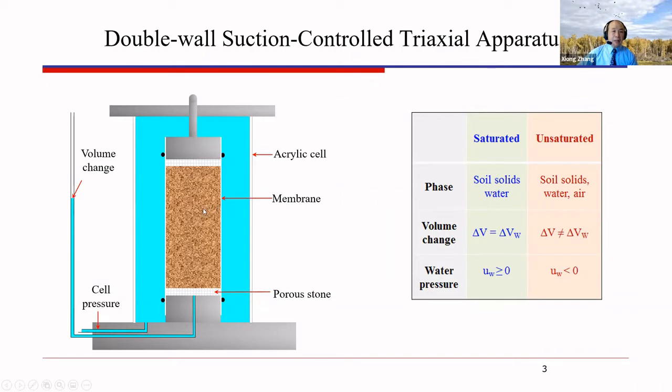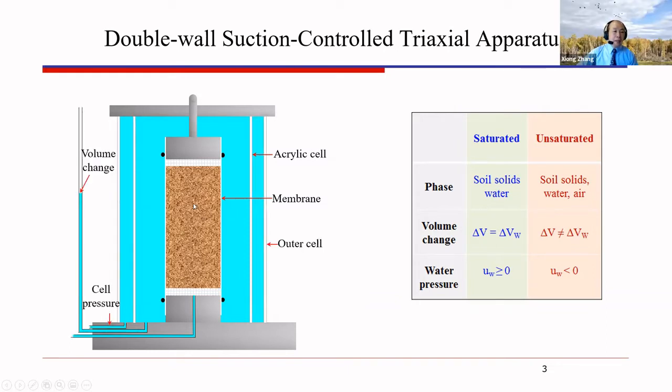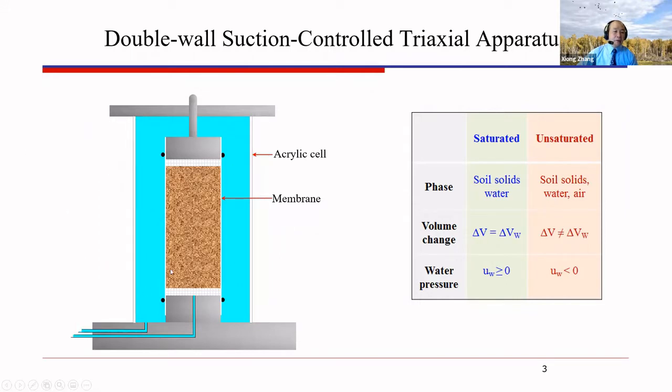In 1959, Bishop and his co-worker developed a method to do triaxial tests for unsaturated soil. The major modification is to add an inner cell into the existing triaxial testing system. So the idea is very simple. For unsaturated soils, we cannot measure the amount of water flowing in or out of the soil specimen, and so we cannot measure the volume change of the soil.